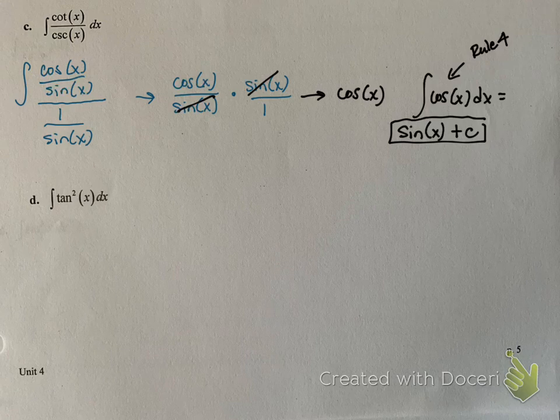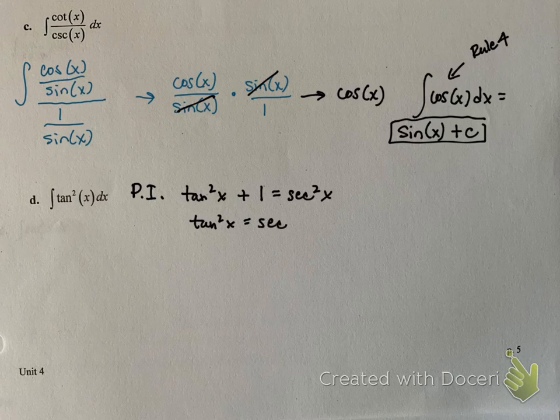So let's look at this next one. Do I have a rule that says tangent squared x? I do not. Okay? But I can use the Pythagorean identities, because the Pythagorean identity says tangent squared x plus 1 equals secant squared x. Okay? So if I substitute in for tangent squared x, I can rewrite tangent squared x as secant squared x minus 1. Okay?